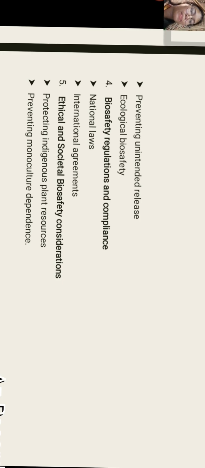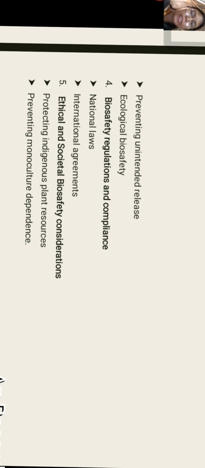Why does it matter? Because losing indigenous crops reduces biodiversity and cultural heritage. So save old local plants and don't misuse them.